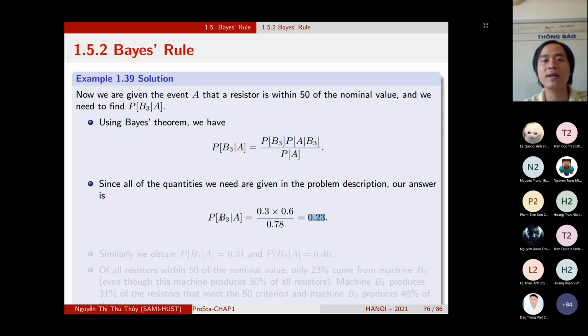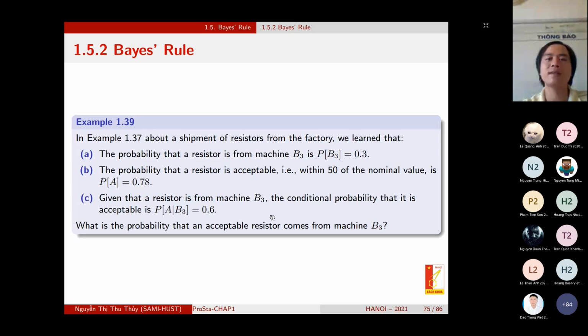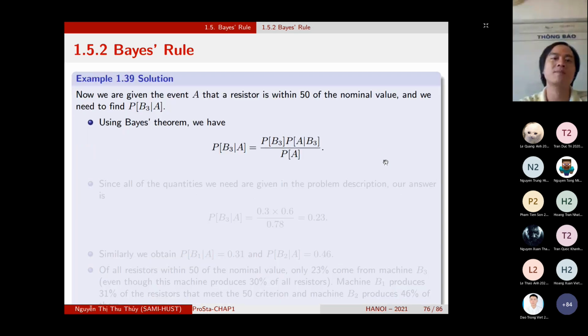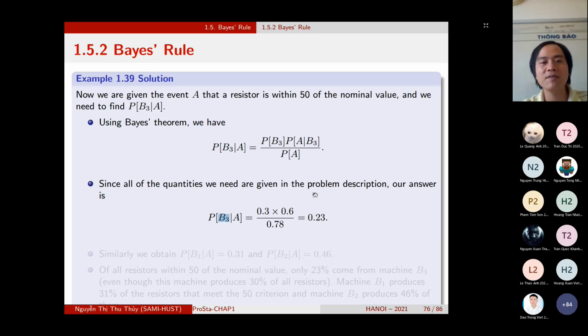At the beginning, without the information of whether it is acceptable or not, you know that P of B3 is only 30%. Remember that B3 is 30%. That means machine 3 produces 30% of the product out of 10,000. But now, given the new information that it is acceptable, the probability decreases to only 23%. So you see why it happens.